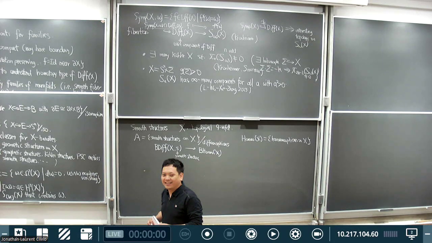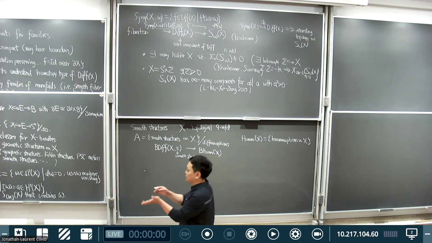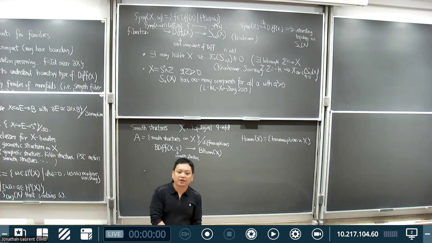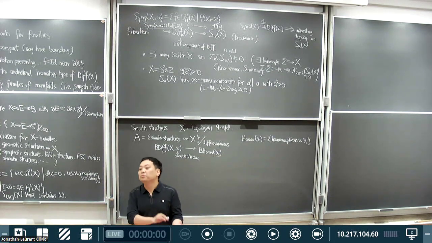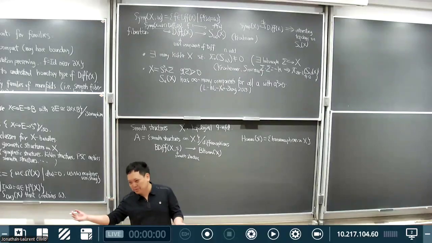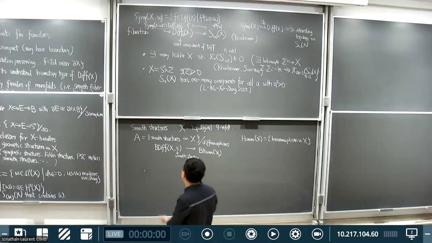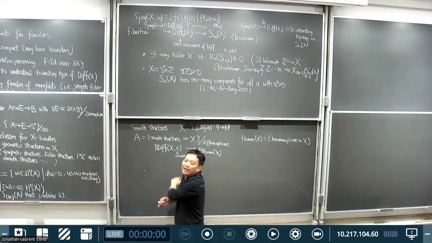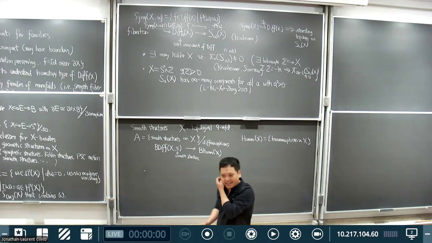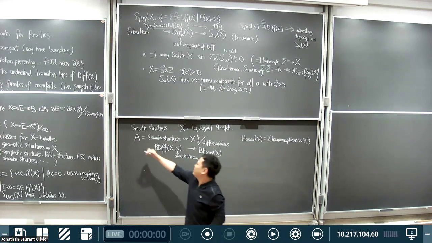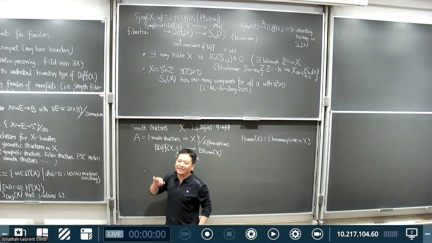If there is a homeomorphism that pulls back one smooth structure to another smooth structure, then we can identify the two elements. So for example, for X equal to S7, this A has 28 elements.